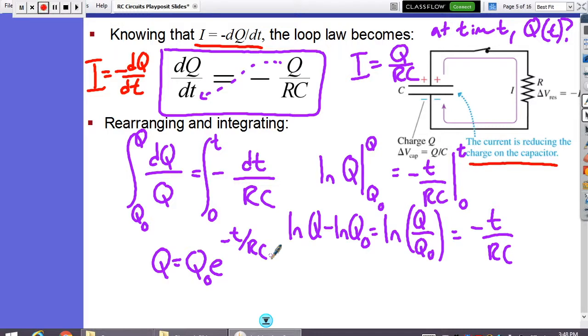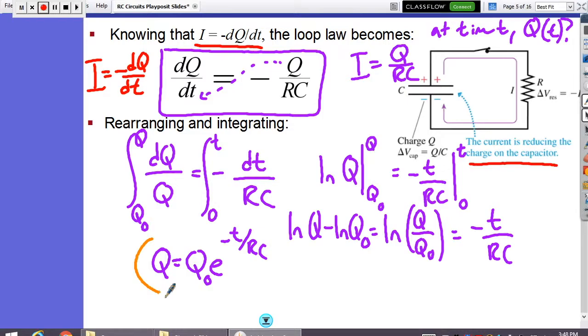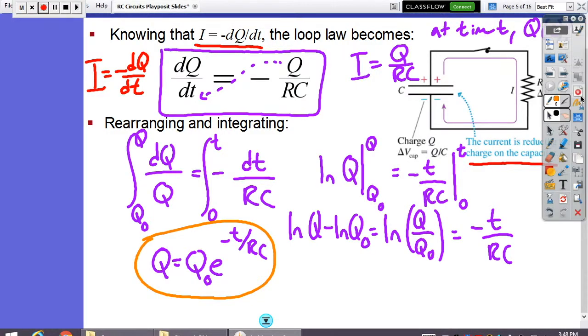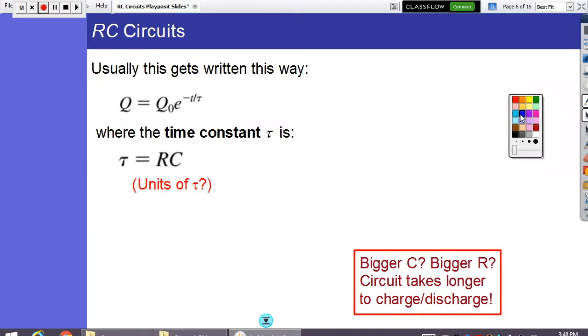And this is our first really critical equation. So let's examine that for a moment. Usually, instead, we write it this way, where Q equals Q0 e to the negative t over tau, where tau is this thing called the time constant.